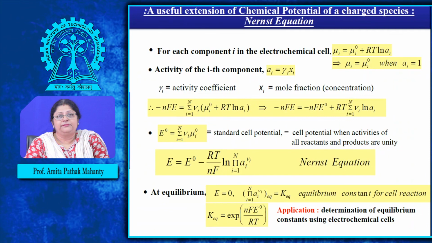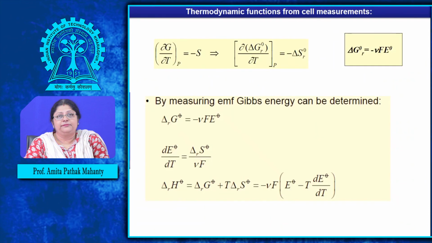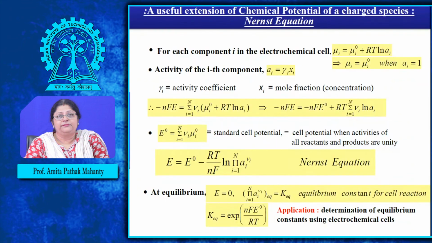I can write it down, but if I write it down, it doesn't make any difference. You can find out the value of the equilibrium constant from here, where E equals 0 for this particular expression. Remember what is the condition for electrochemical equilibrium. That itself I am going to be more interested in, whether you know it or not.